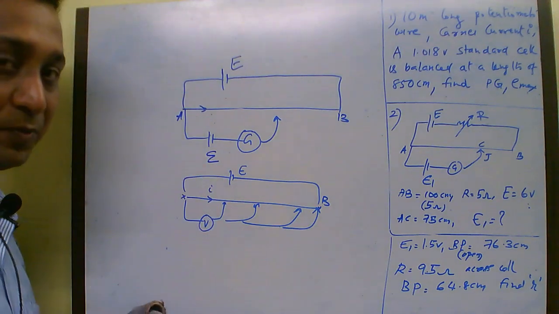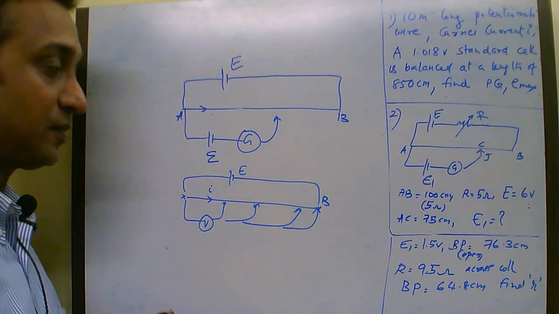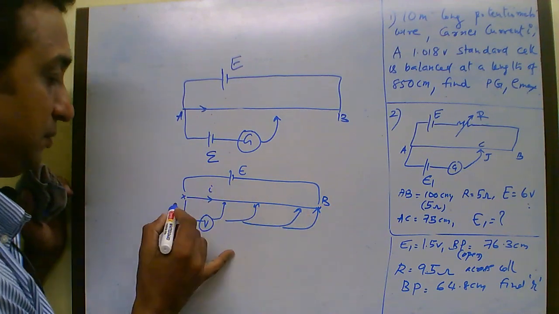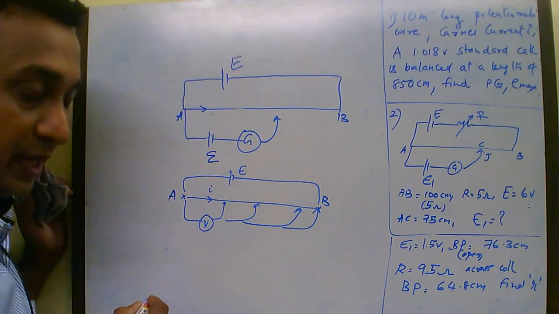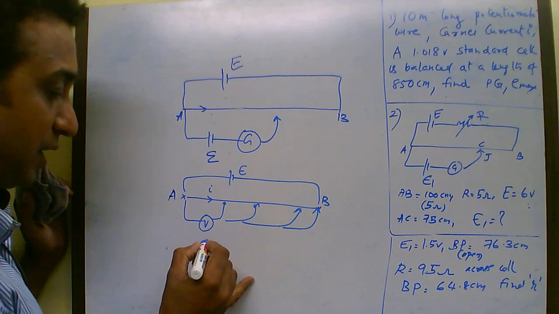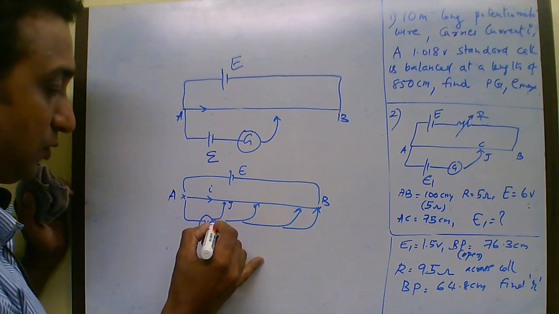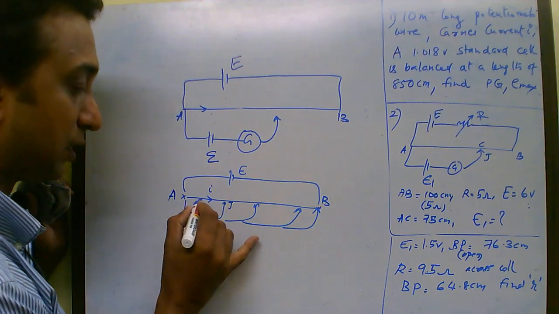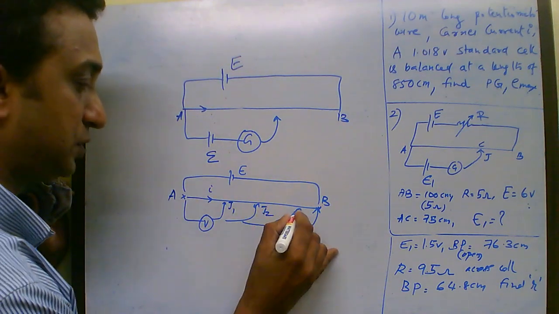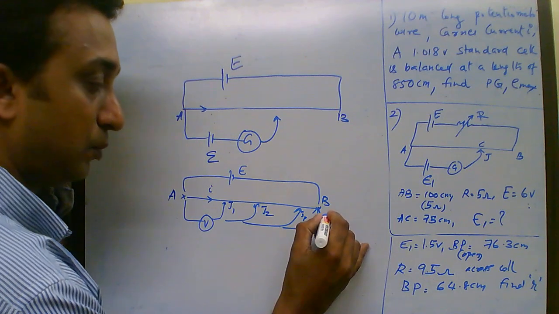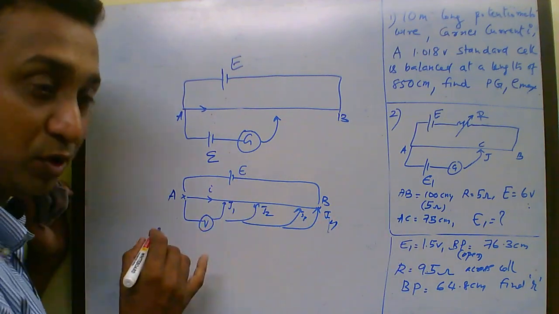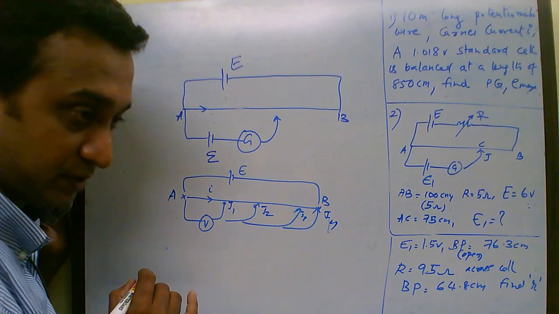Now coming back to the potentiometer circuit, how it works. Assume there is a cell connected to a 1 meter long wire AB, and you are using a voltmeter connected to a jockey, and you move that jockey over the wire. At each point J1, J2, J3, as you go on moving the jockey, you find the voltage value differs.